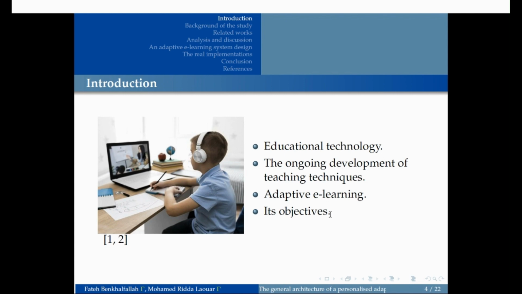Adaptive e-learning is a modern educational approach designed to create a personalized learning environment that matches the individual features of each learner, including personality, interests, and performance indicators. Its objective is to facilitate the achievement of learning goals, academic success, and overall satisfaction.